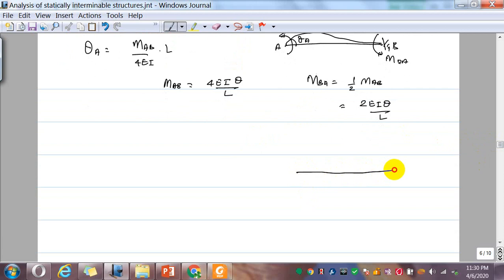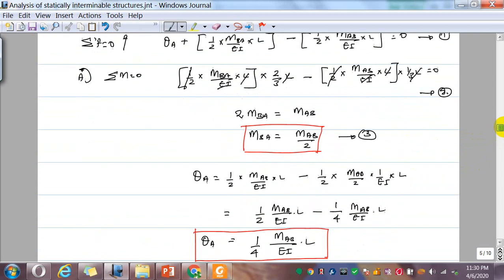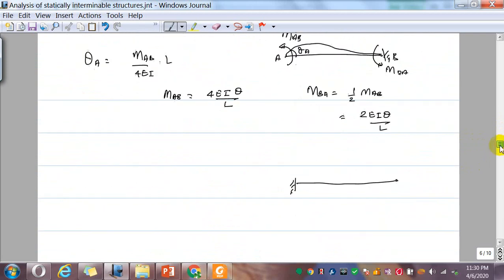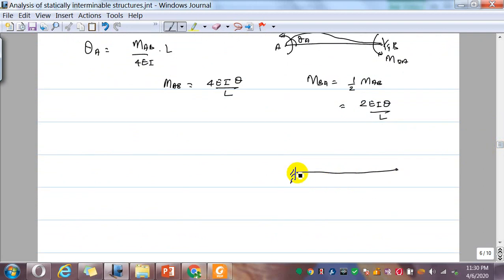But when you have a rotation at B and A is fixed, you have something like this. You have theta B, MBA and MAB.